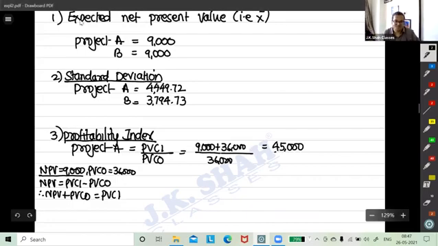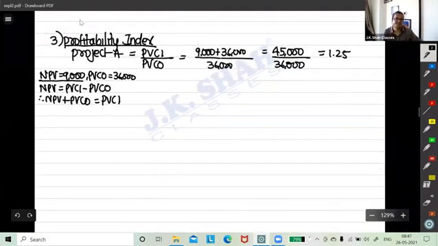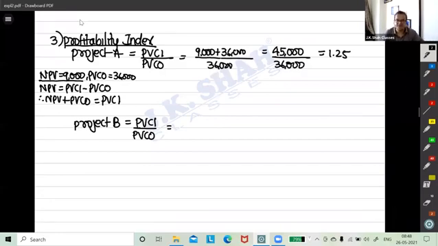That gives 1.25. Once you have shown this, then it is fine. You need not repeat. Just write NPV is 9,000 and PVCO is 36,000.